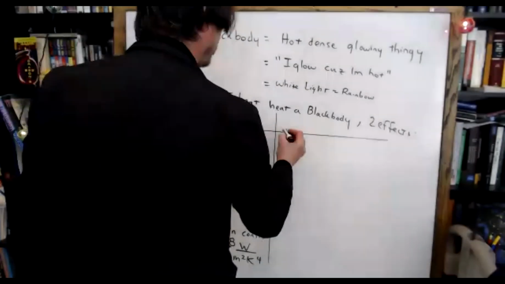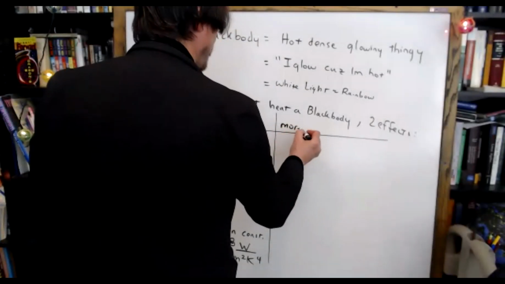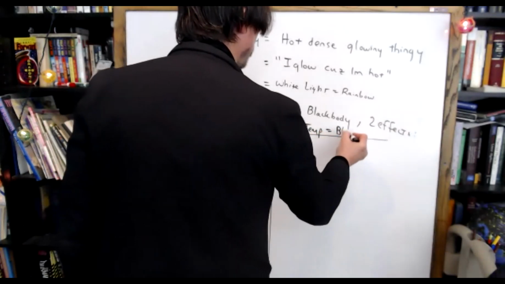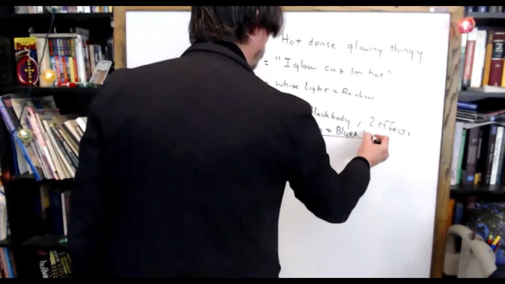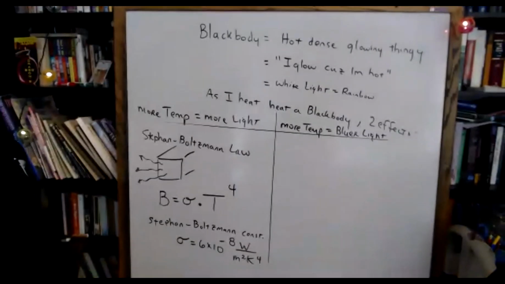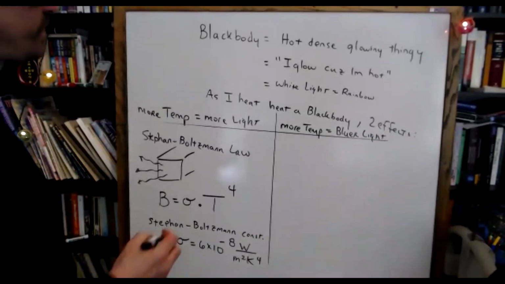The second effect is that more temperature tends to produce what I am going to call bluer light. The light goes from red to white to blue.